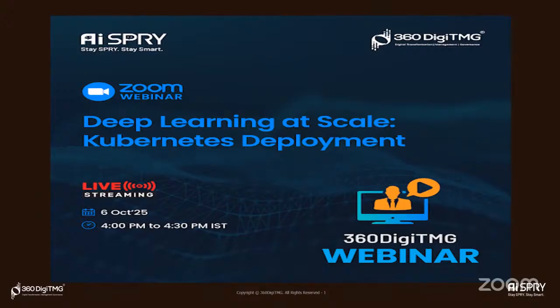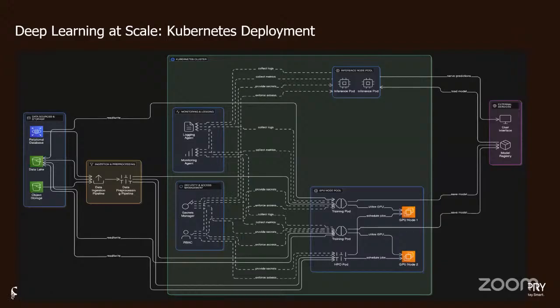So let's walk through this architecture diagram. Here we will first have our data sources and storage. We'll start with relational databases, a data lake, or object storage. These are our raw data repositories. Data will flow through them into the data ingestion pipeline, which extracts and prepares it for machine learning or deep learning workflows.